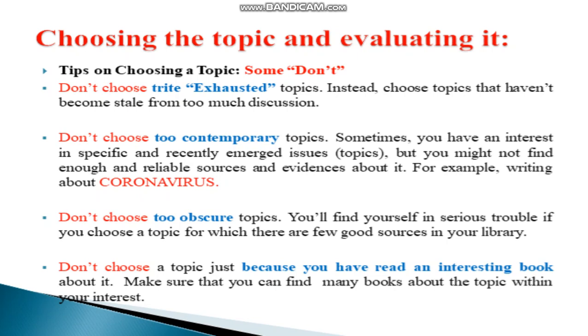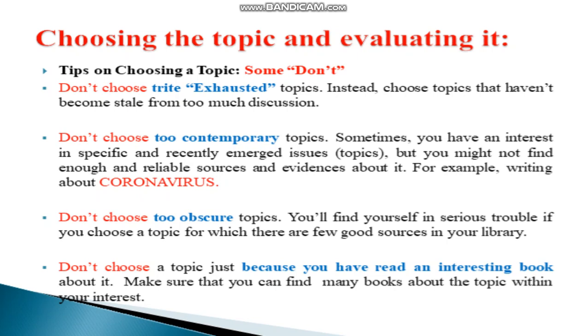The first step is don't choose tried topics. So what is meant by tried topics? It means exhausted topics. And again, what is meant by exhausted topics? It means the topics that have become stale from too much discussion.